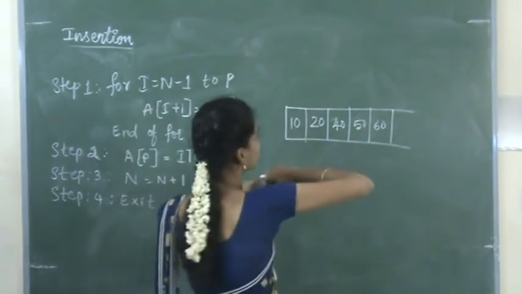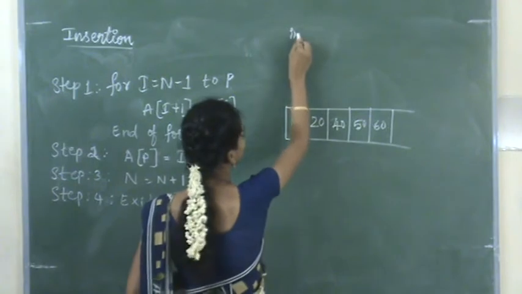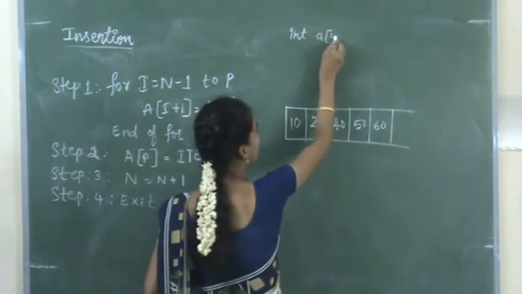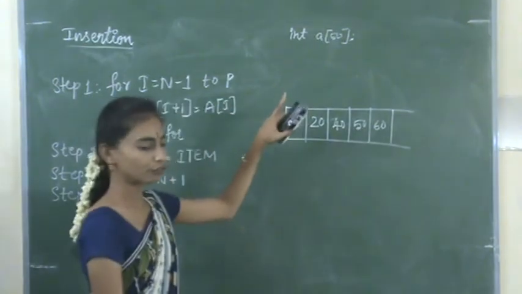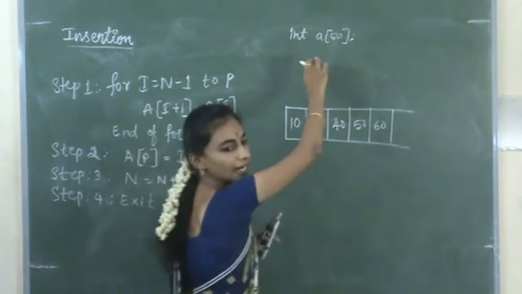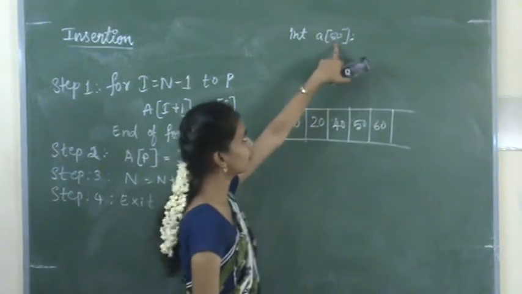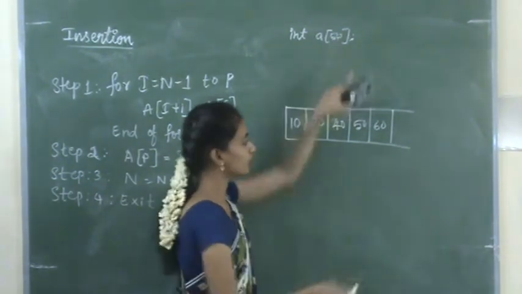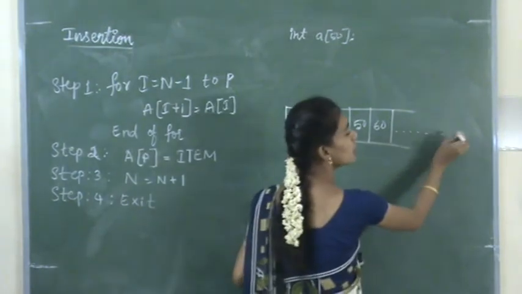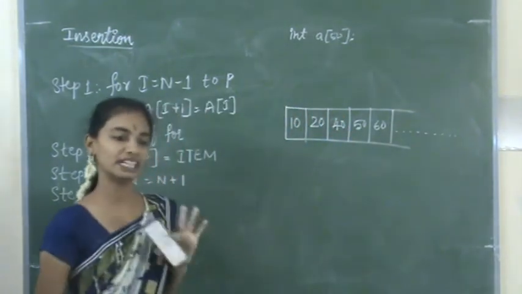So I declare int a of 50. So when I declare a with size 50, it will allocate the space to store 50 elements.